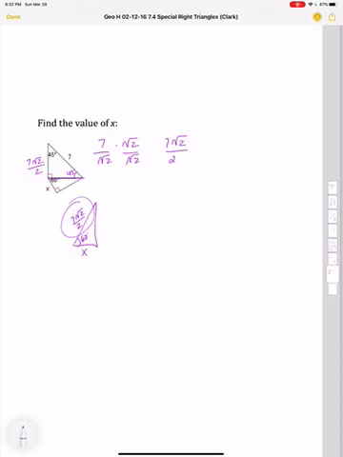So if I divide it by 2, so 7 root 2 over 2, dividing by 2 is the same as multiplying by 1/2. So that would be 7 root 2 over 4. That's what x is. Because it's half of whatever that hypotenuse was. All right, guys, come back and see me in Zoom.